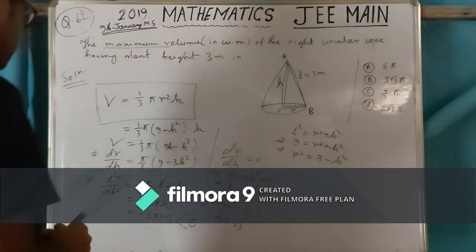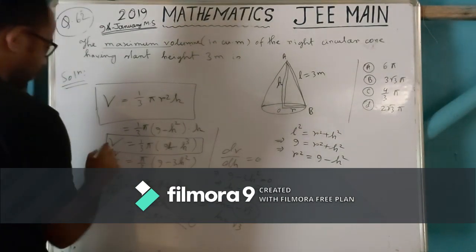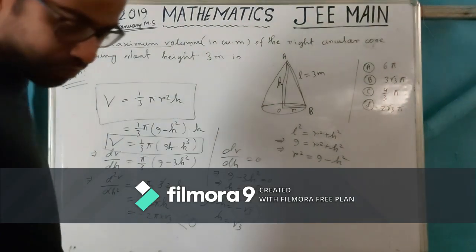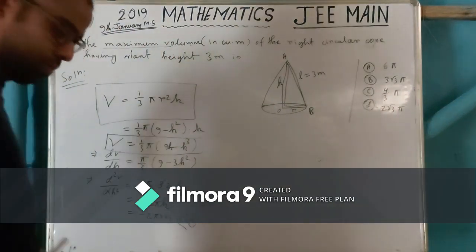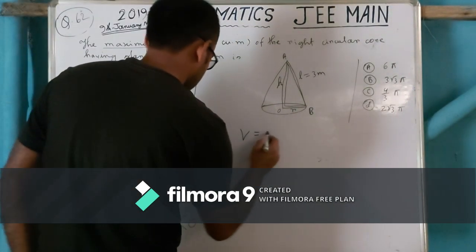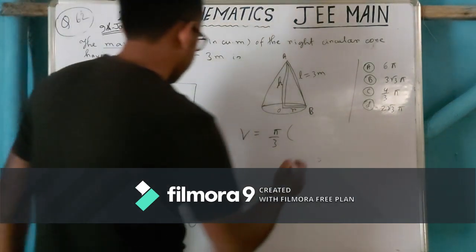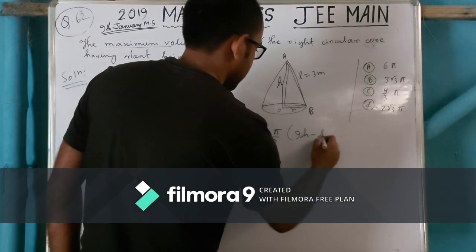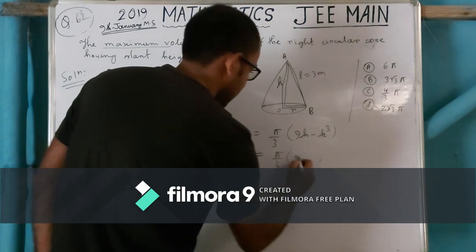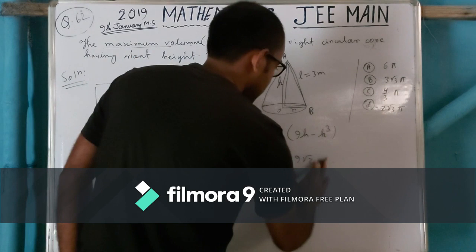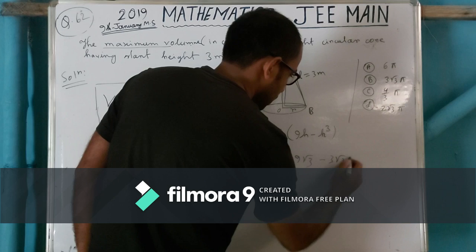So we put here V equal to pi by 3 into 9h minus h cube, pi by 3 into 9 into root 3 minus 3 root 3.